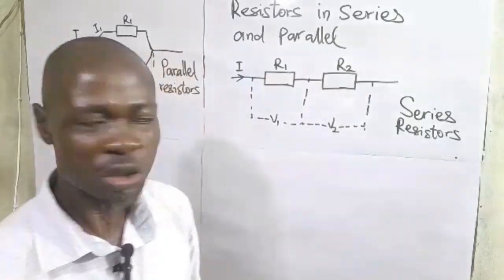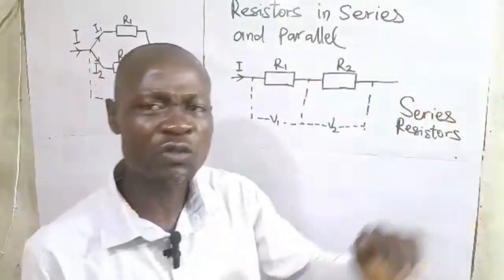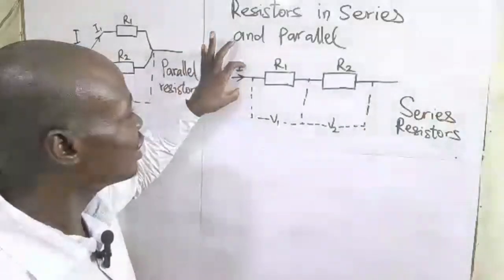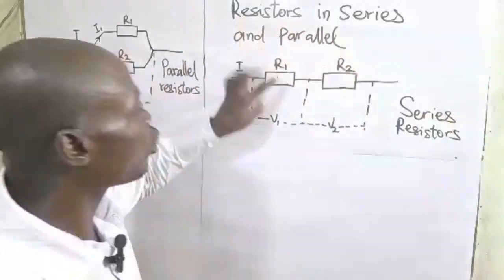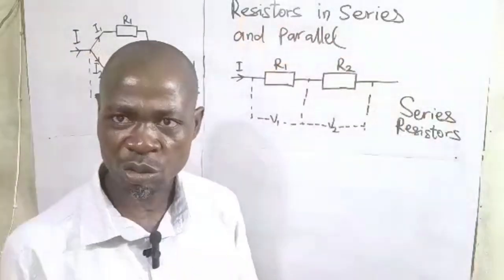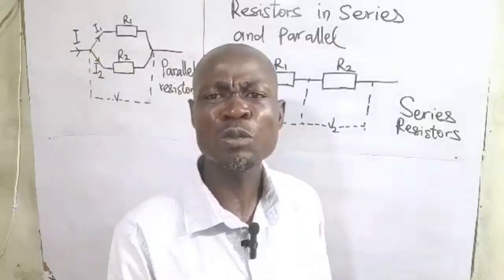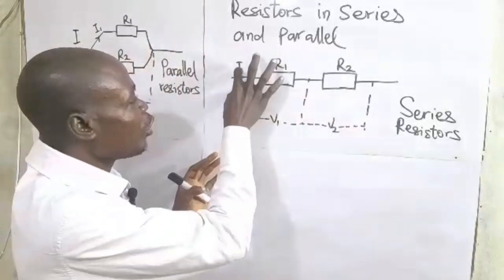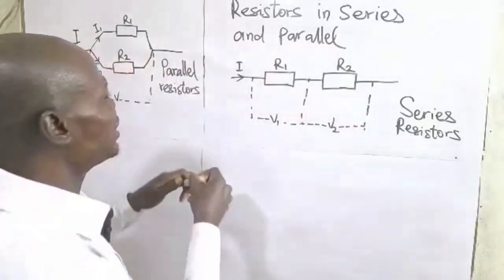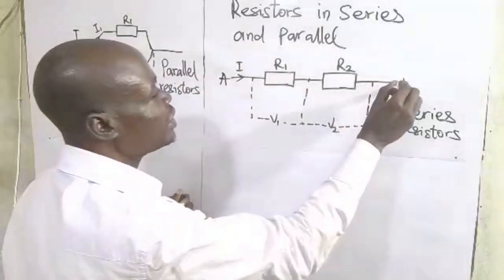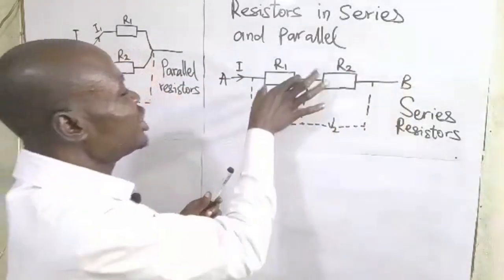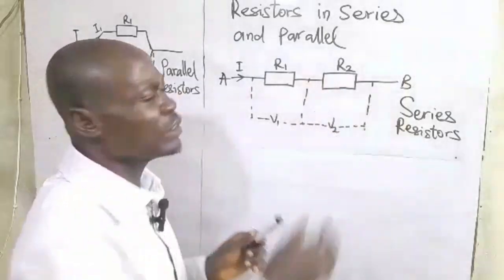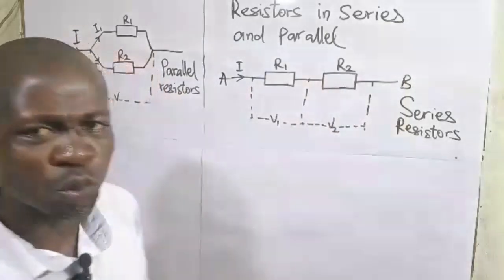flows through them. And because the same current flows through them, what that means is that the current here passes through R1 and also through R2. And what makes current flow is the potential difference. So for current to flow from point A here to point B here, that means that the potential at R1 is different from the potential across what?